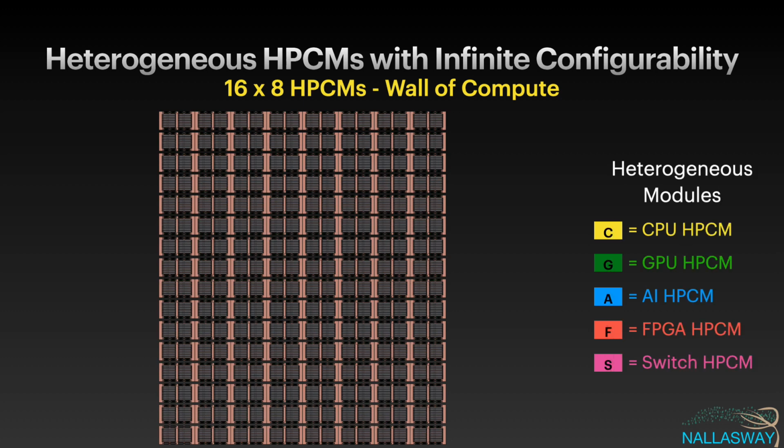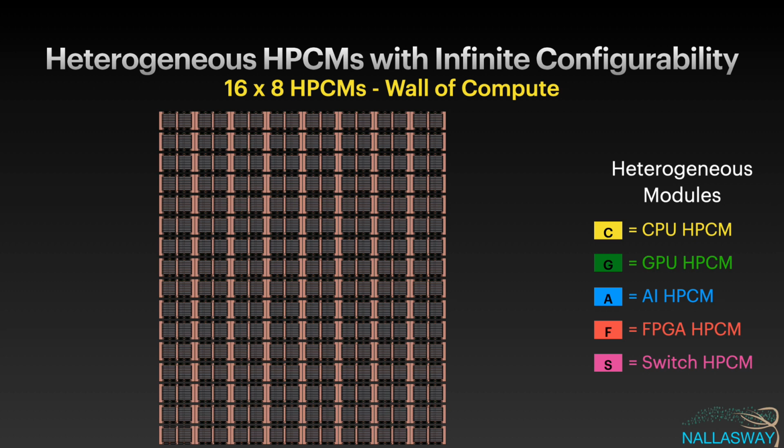So if we look at where this potentially could go, yes, we're talking about it for CXL enablement, but we have a vision that this can actually replace 19-inch racks in a data center with something that we're calling wall of compute. And in here you can see we've built a small wall where you've got 16 modules high, which is roughly the height of a 19-inch rack, and then we've got 8 modules wide in this small snippet of a wall.